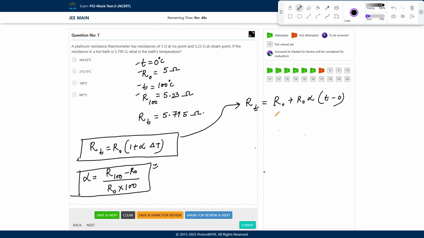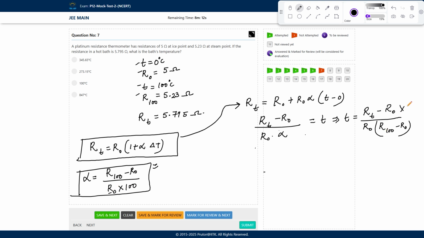Now alpha is given here, so we find T: RT minus R naught upon R naught alpha is equal to T. Now put alpha as R100 minus R naught divided by R naught into 100.